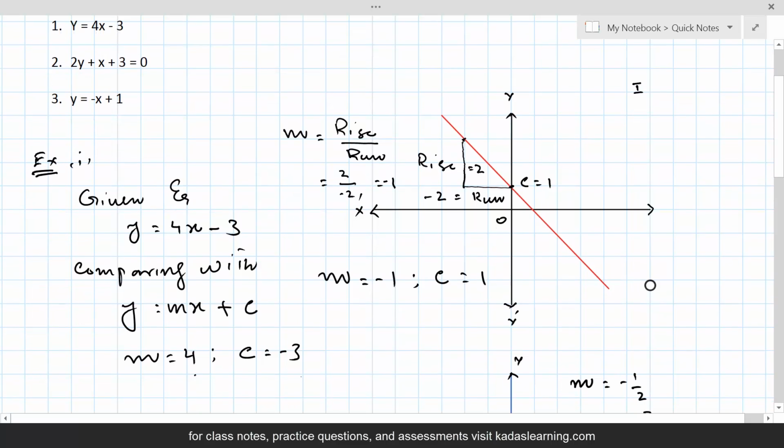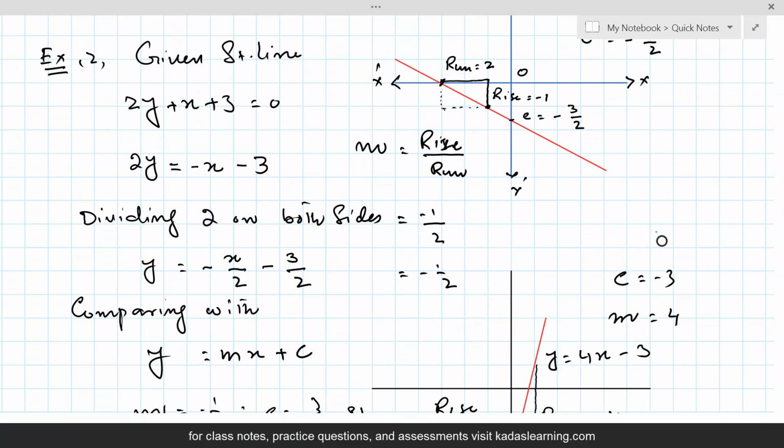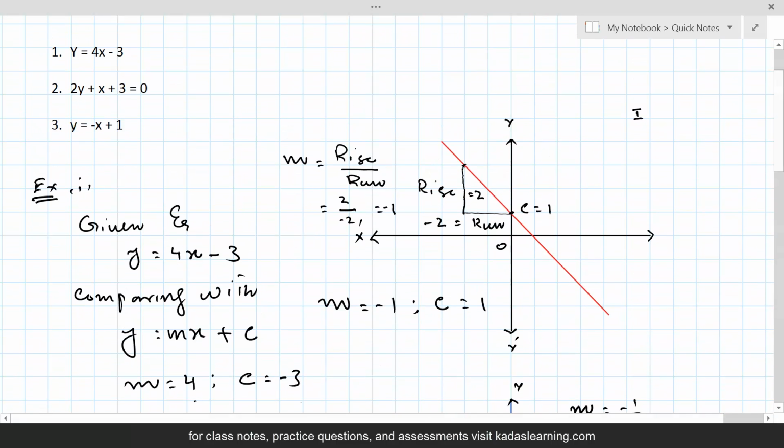Therefore, this would be 2y plus x plus 3 equal to 0. And the leftover is y equal to minus x plus 1. That's how we can match any equation of straight line with graph of straight line.